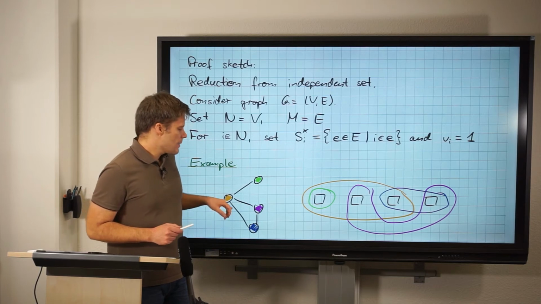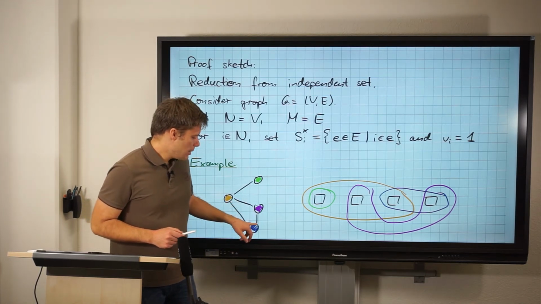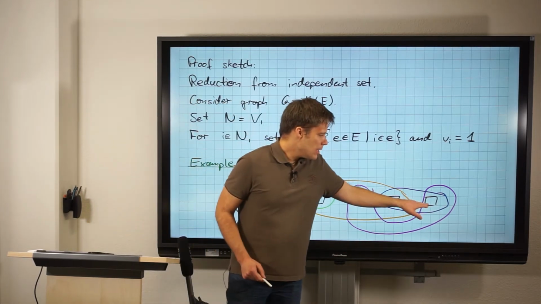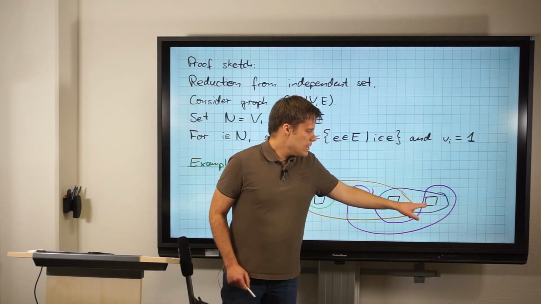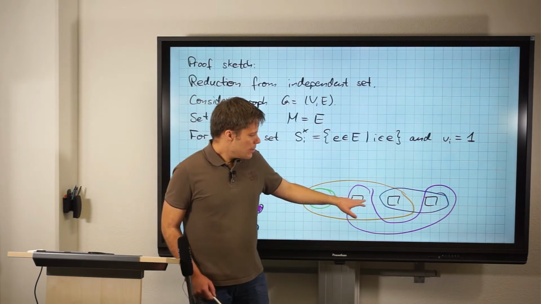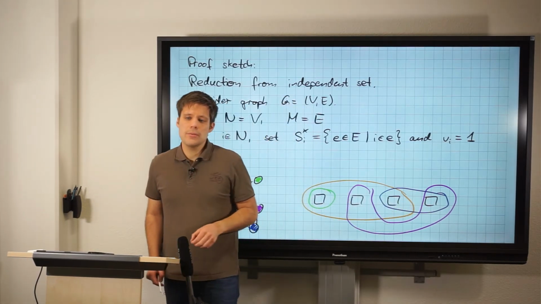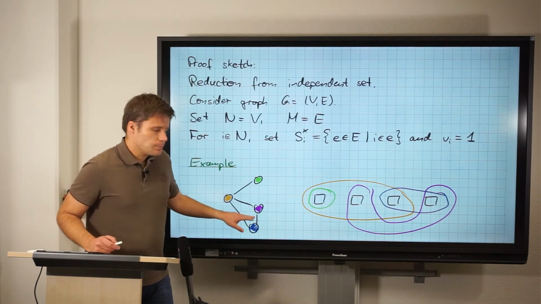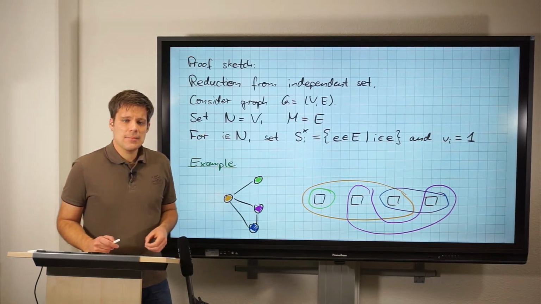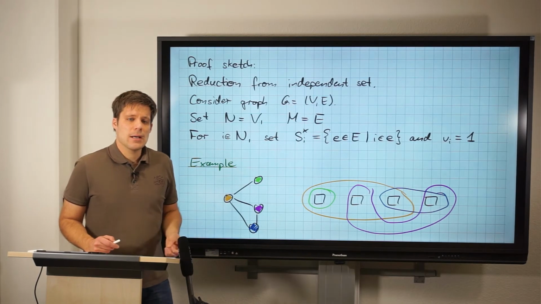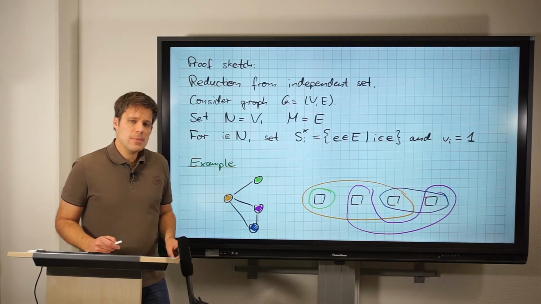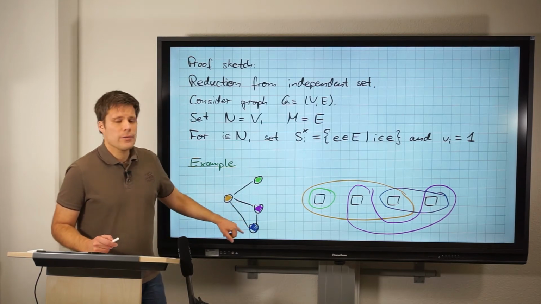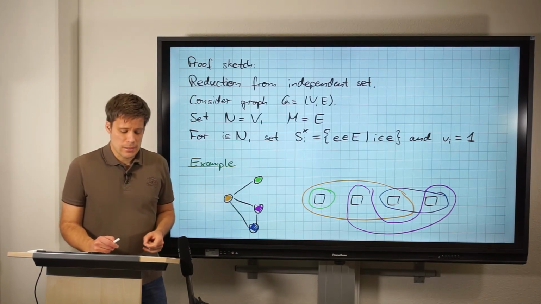For example, if we consider this edge here, it corresponds to this item, and either the purple or the blue bidder can get this item, so we cannot give the item to both of them, which means that in our independent set also only one of the 2 can be contained.